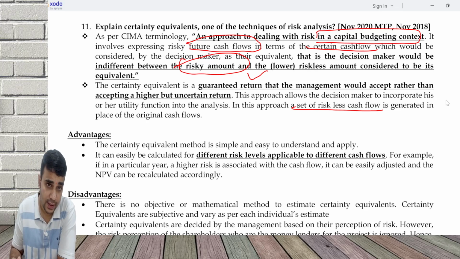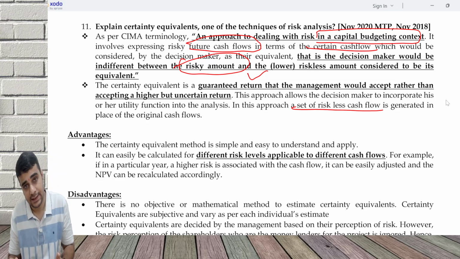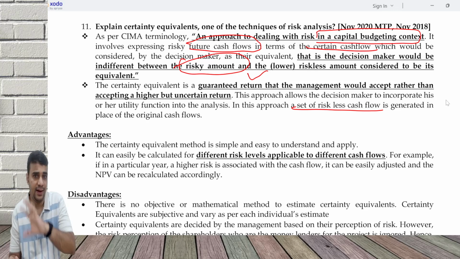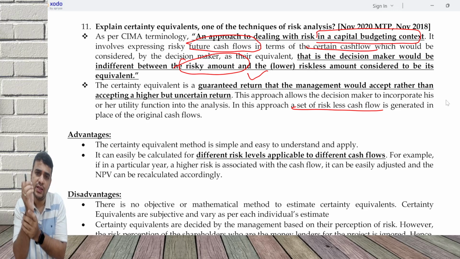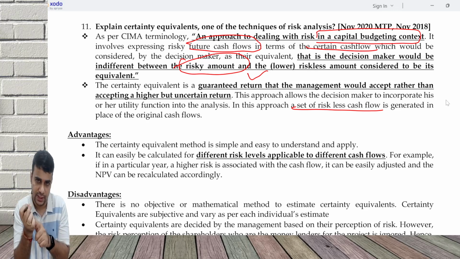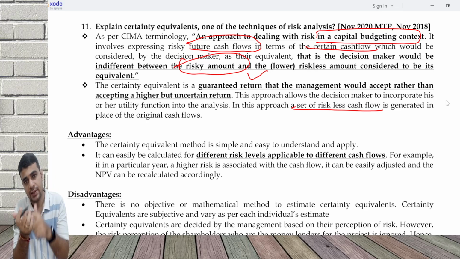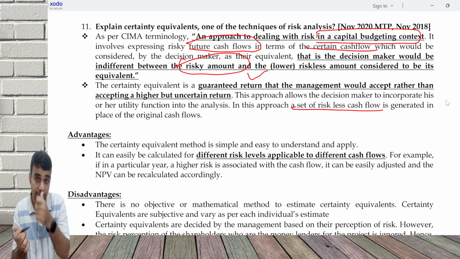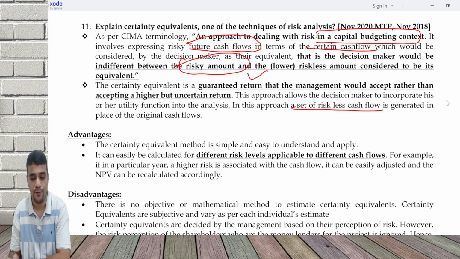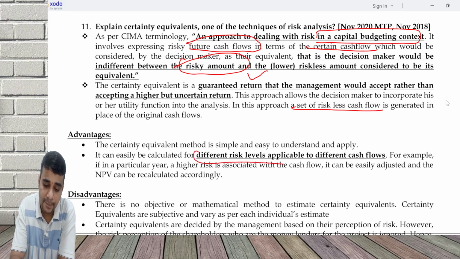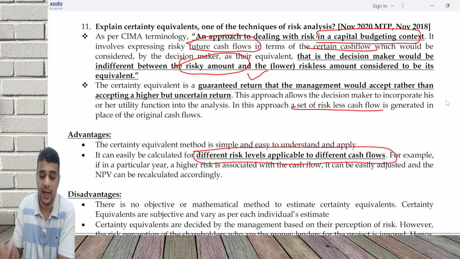Now, what are the advantages? RADR basically says I'll adjust the discount rate once, and indirectly, when you adjust the discount rate once, you are using the same discount rate for first year cash flow, second year, third year, fourth year, which indirectly means we are saying the same risk is there for every year's cash flow, whereas different risk can be applicable for different years.